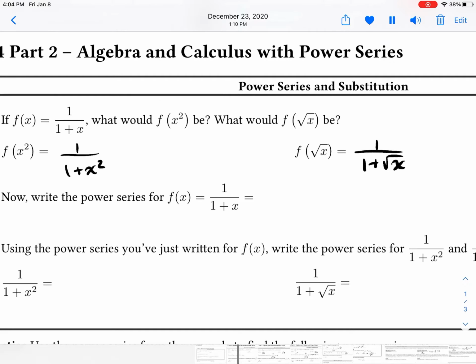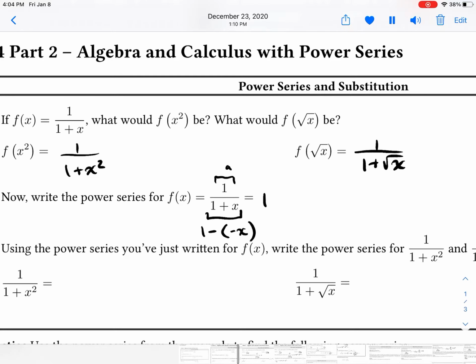So if I ask you to write the power series for f of x, we know that this here is our first term, a, and this here is our common ratio, r. I should be very clear, I apologize: this here would be 1 minus negative x.